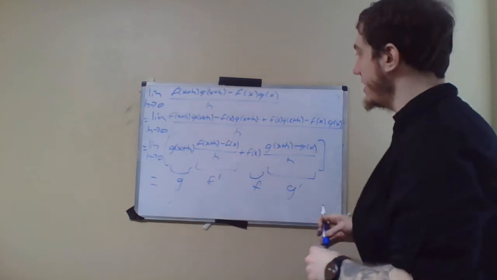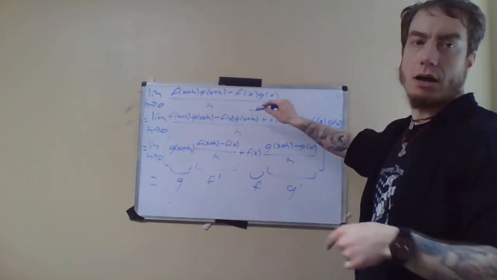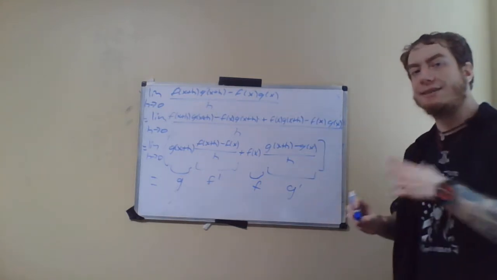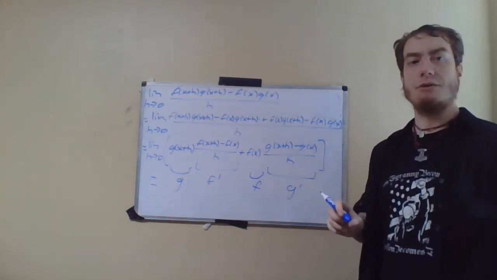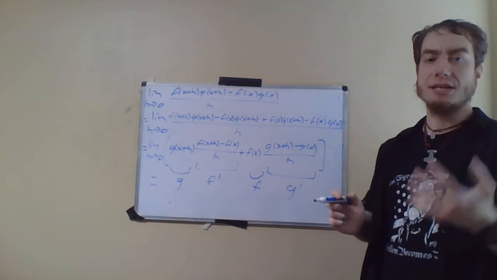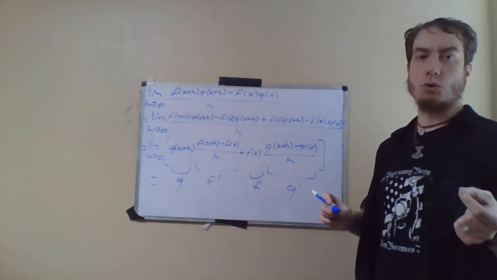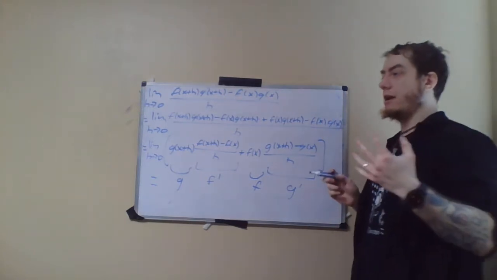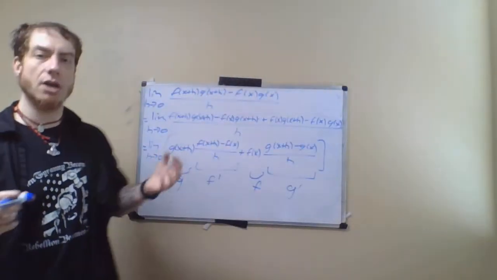The downside here is that, to my mind, this trick of subtracting and adding something in the numerator isn't really as obvious as if we work it out using the other form. So I think it's better to look at the other form. That gives us a very intuitive, clear understanding of why this rule works the way it does.